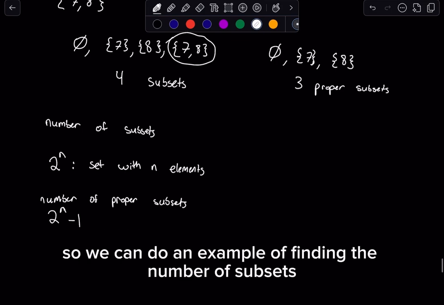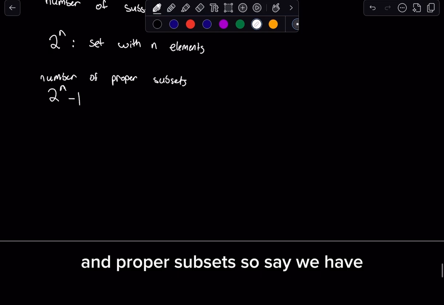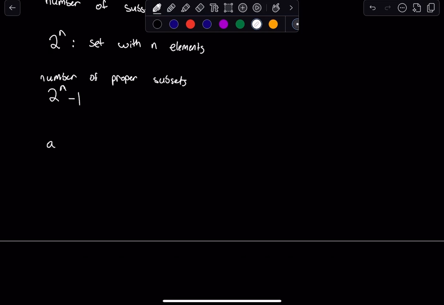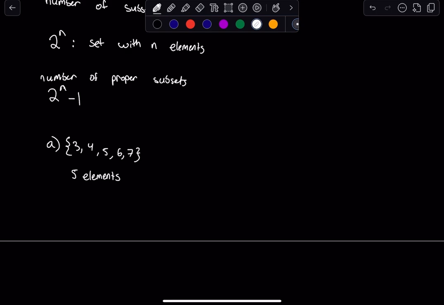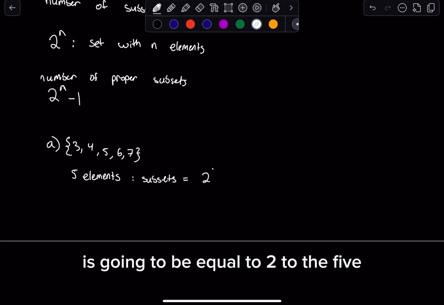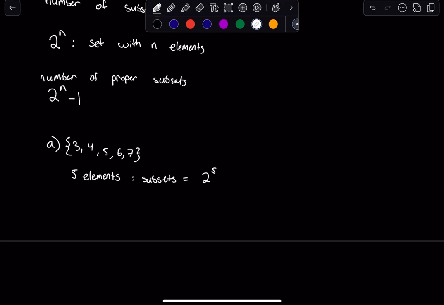So we can do an example of finding the number of subsets and proper subsets. Say we have {3, 4, 5, 6, 7}. This set has 5 elements. And the number of subsets is going to be equal to 2^5, which is 32 subsets.